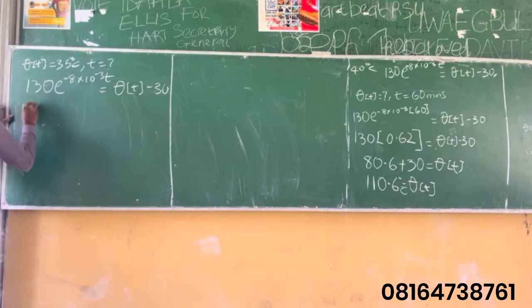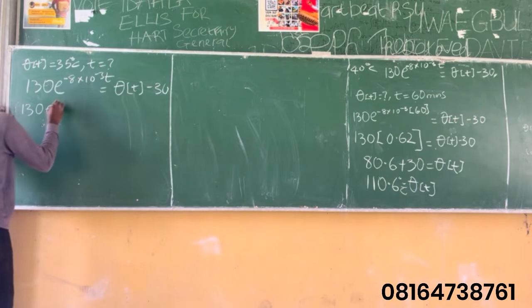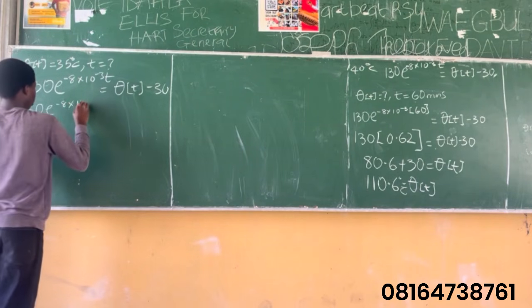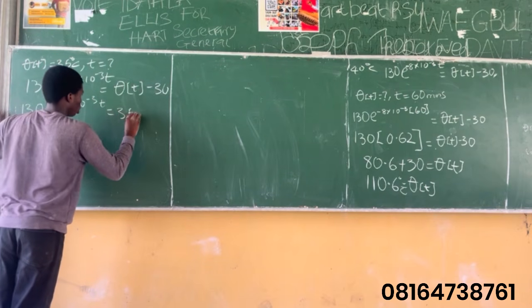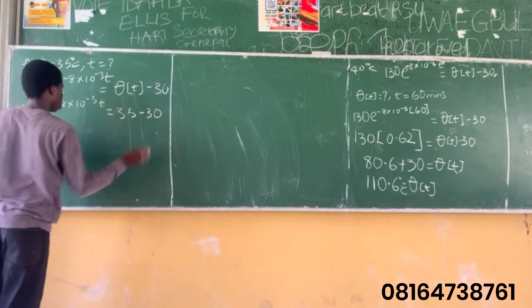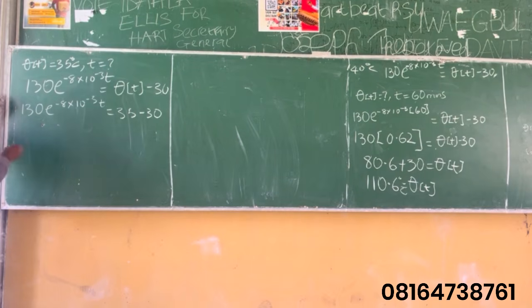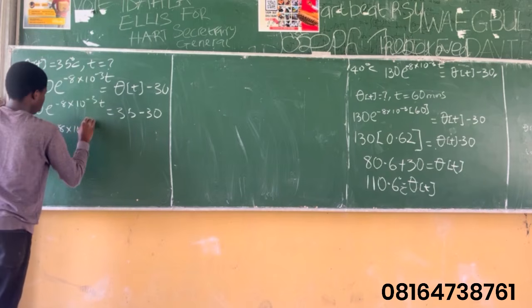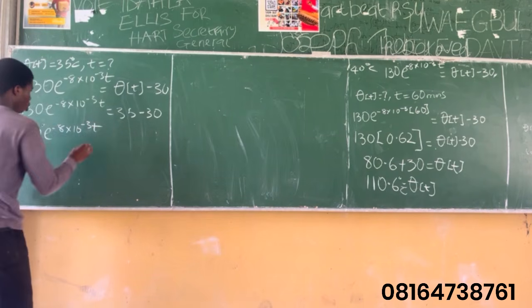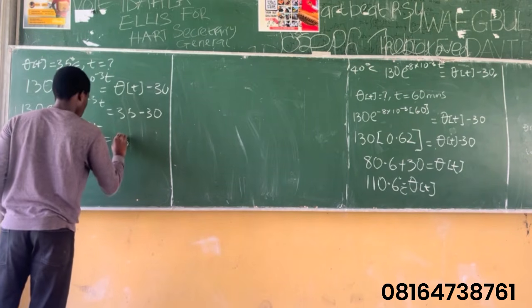So this is 130 e^(-8 times 10^-3 t) is equal to 35 minus 30, which is 5.